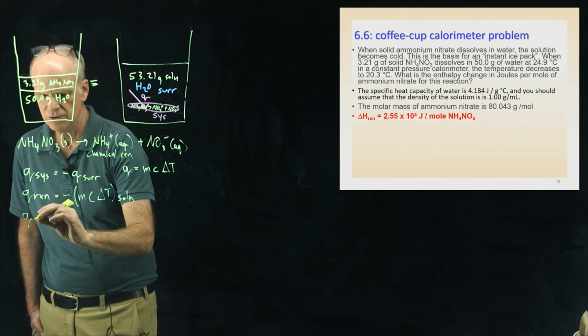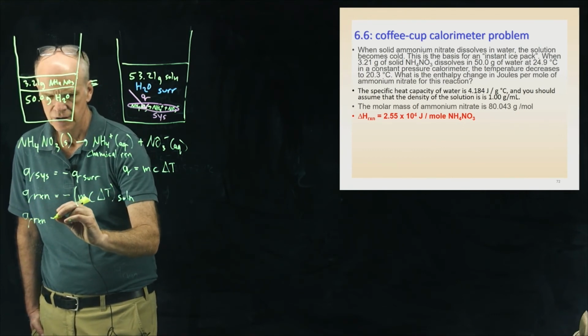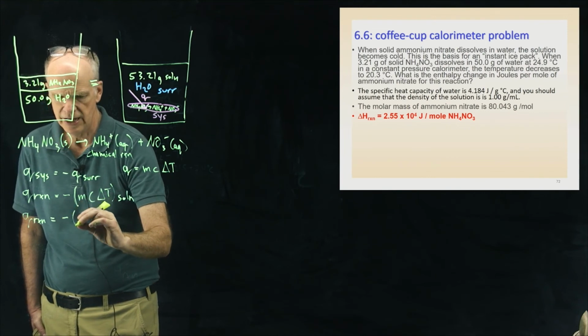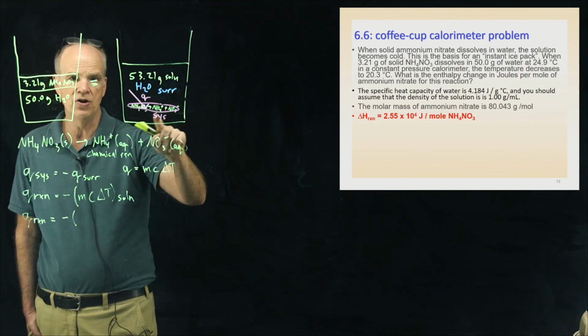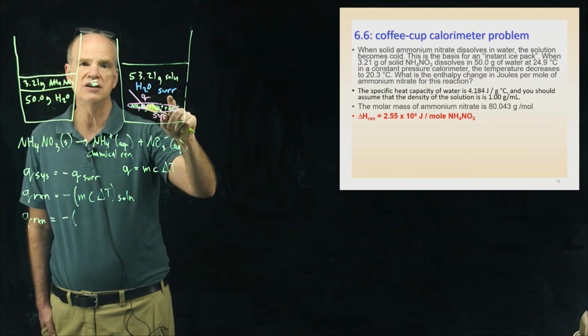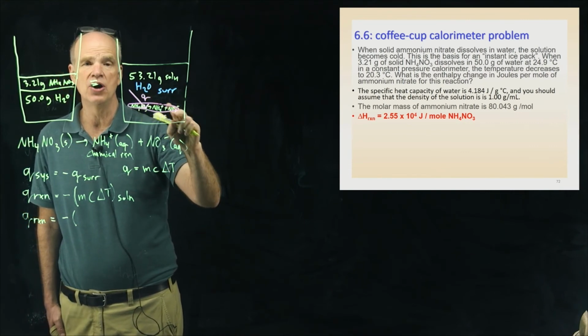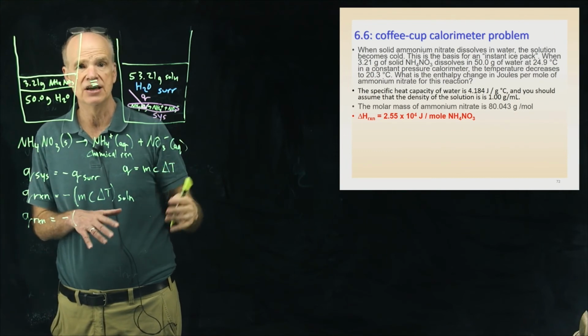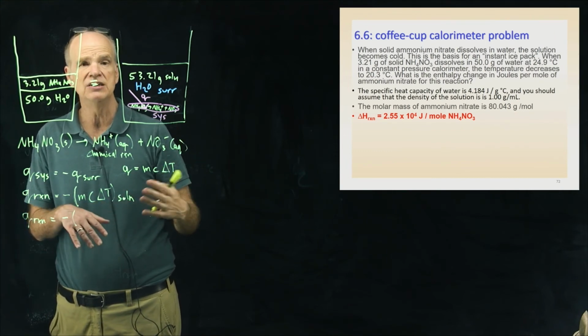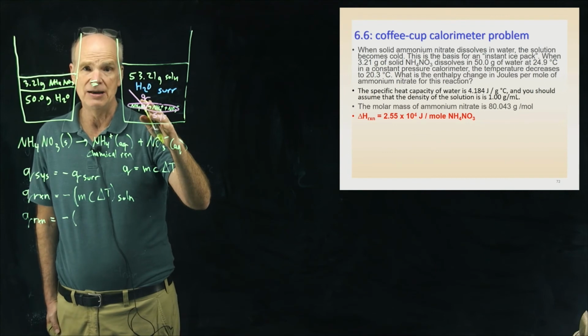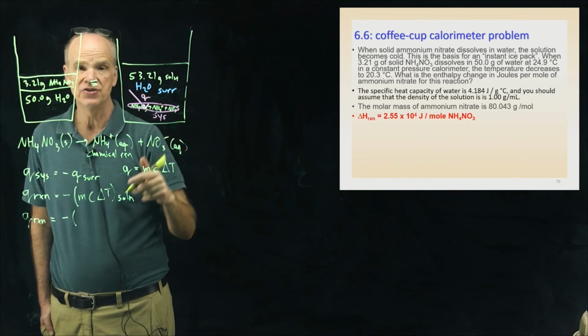So the Q of the reaction is going to be equal to negative m, and we want the total mass of the solution. So here we add the mass of the water and the ammonium nitrate salt. We assume that they add together to form a larger mass, and we need to account for any temperature changes in the total mass of the solution.